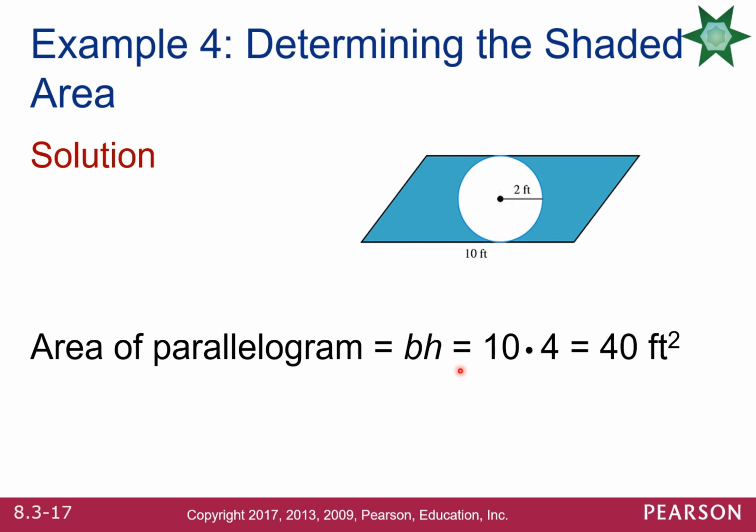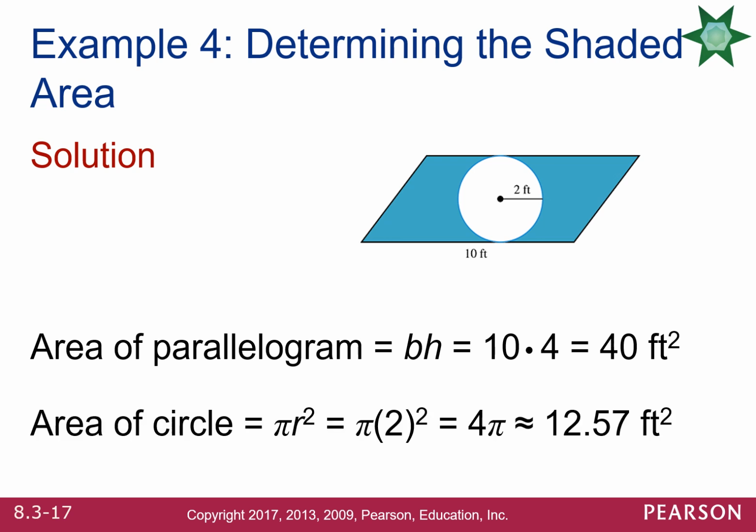So base is 10, height is 4. How did we get the 4? The diameter is 2 times the radius, and they've given us the radius as 2 feet, so 2 times 2 is 4. So we get 40 square feet for the area of the parallelogram.